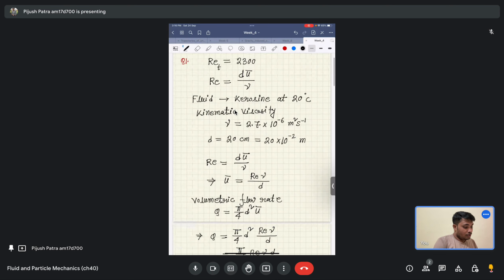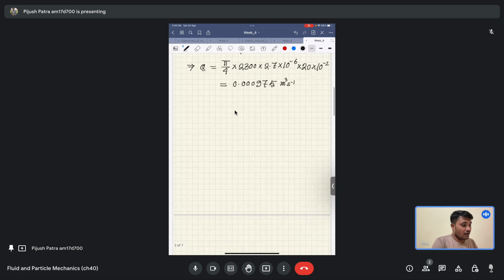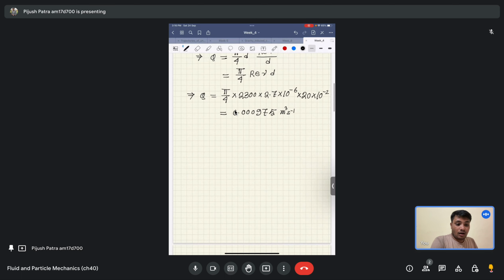Now what is this value in meter cube per hour? You need to multiply it by 3600.